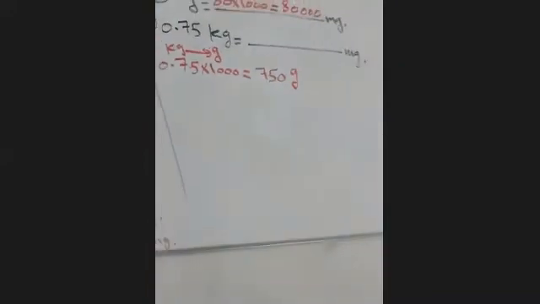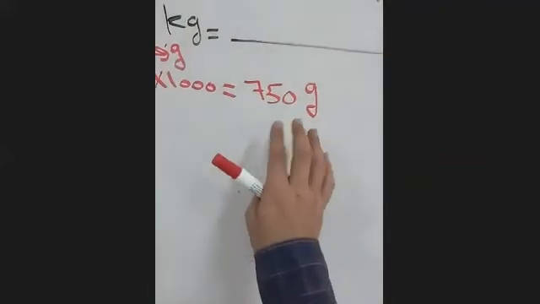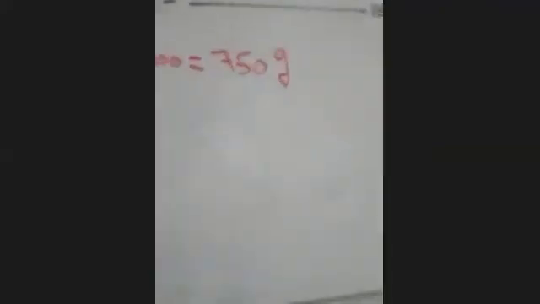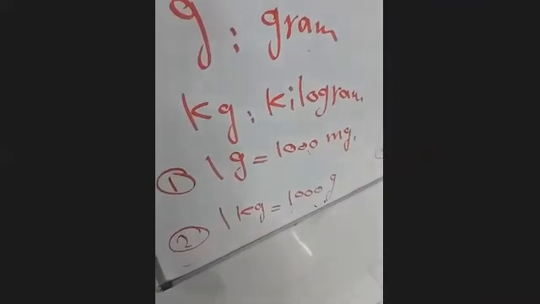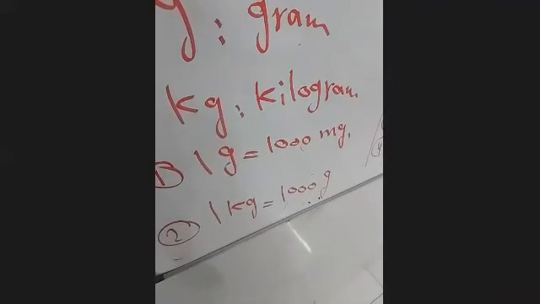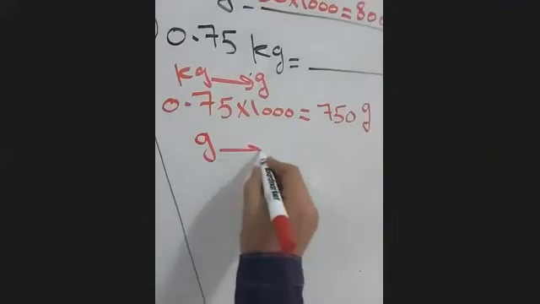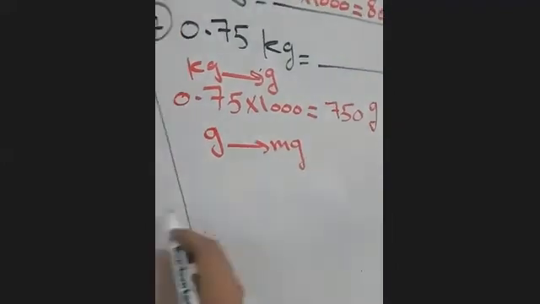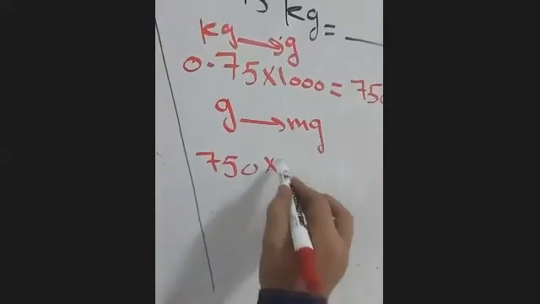Did I finish the question? No. Now the second step: I want to turn the gram to milligram, using this relationship. 750 multiply 1,000.